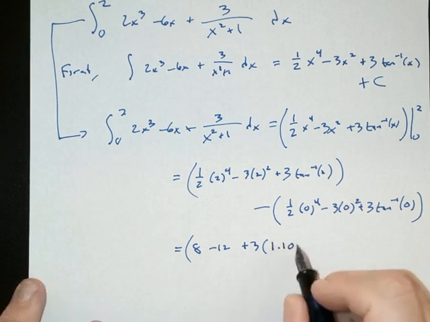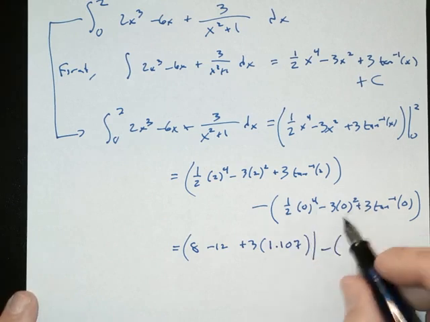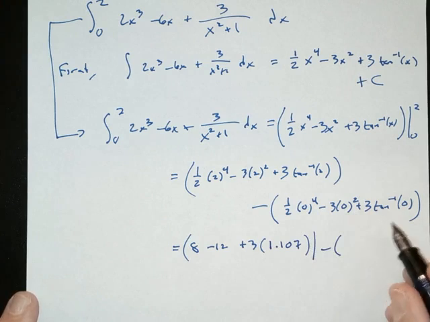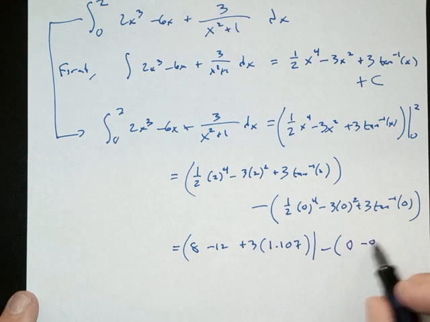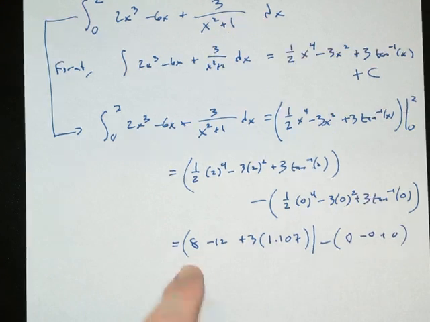There we go, 1.107. 0 to the 4th is 0. 0 squared is 0. The inverse tangent of 0 is 0. So everything in that last set of parentheses turned out to be 0 this time. So I get a negative number for an answer.